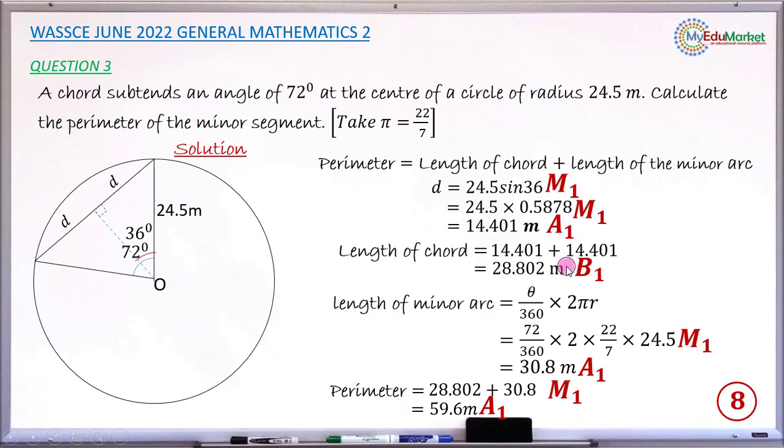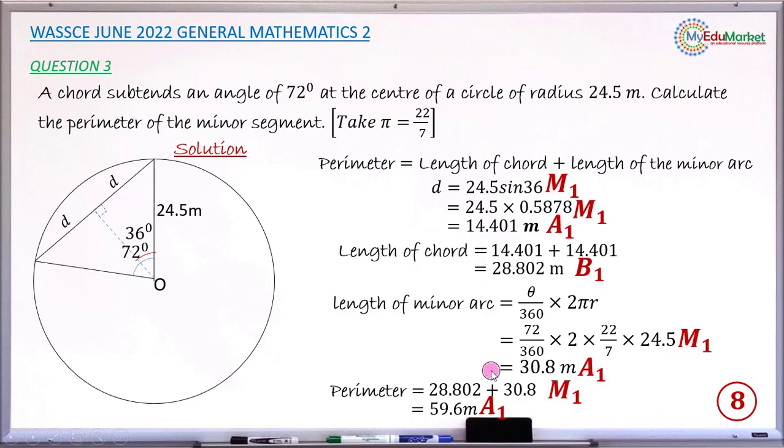Next is the bonus 1 mark for getting the length of the chord as 28.802 meters exactly. You have this bonus 1 mark. And the next mark is for substituting, in an attempt to get the length of the minor arc, your theta, your pi, and your r correctly. You have this method 1 mark. And when you have the length of the minor arc as 30.8 meters exactly, that gives you this accuracy 1 mark.